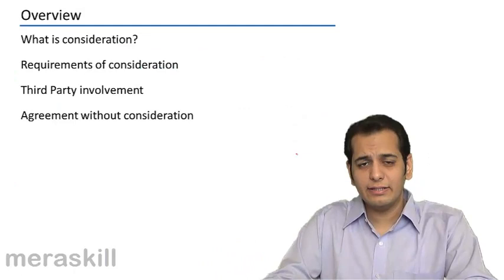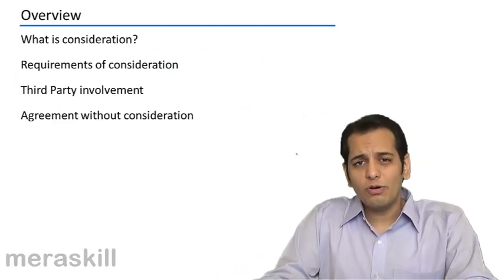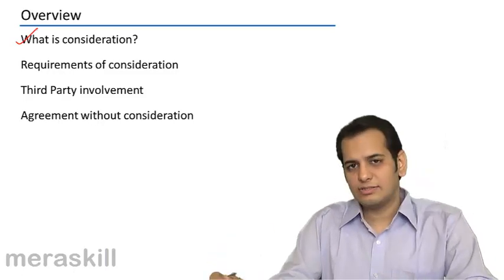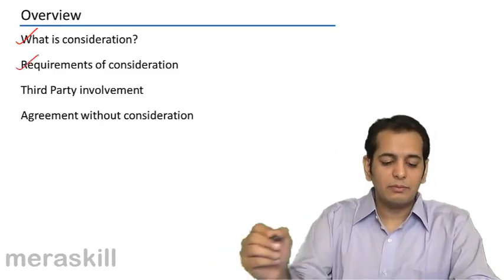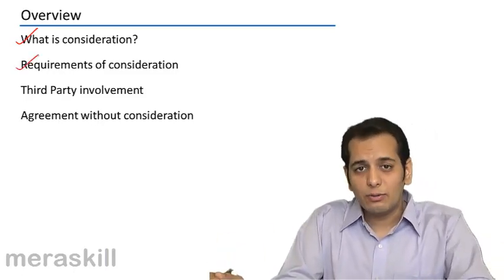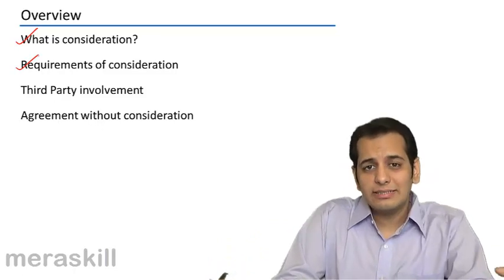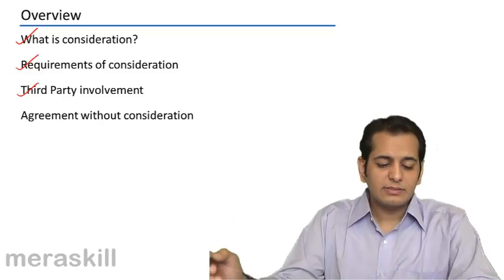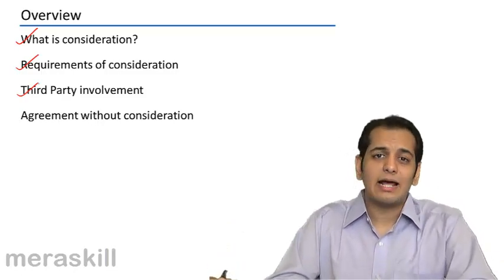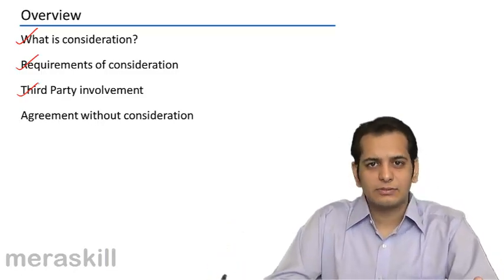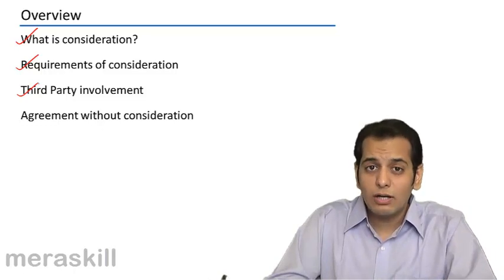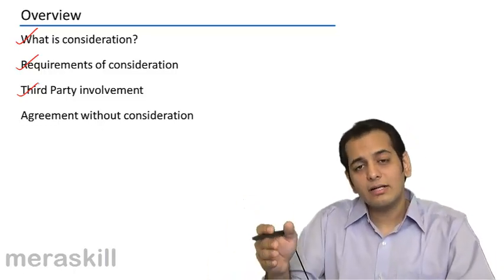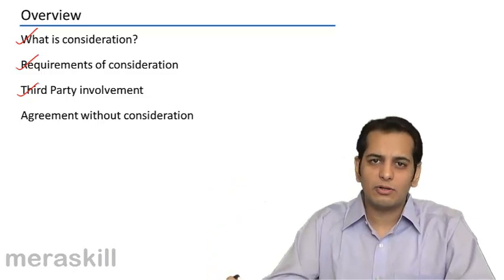But before studying, let us first just get an overview of this unit. In this unit, we'll be studying consideration. We'll be doing the requirements of consideration. What are the essentials or rules of consideration? We'll see what are the rights and liabilities of third parties, that is, the parties who are not forming the contract, but they are parties who are outside the contract.